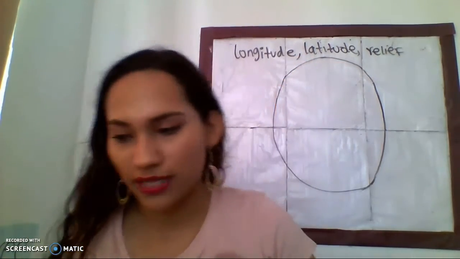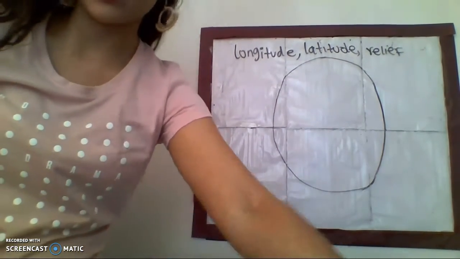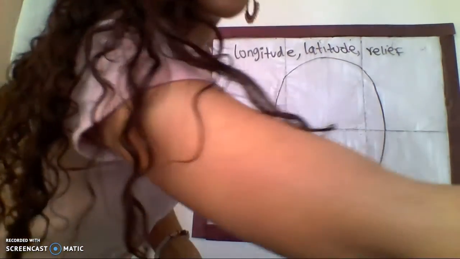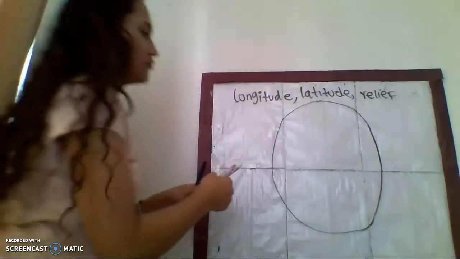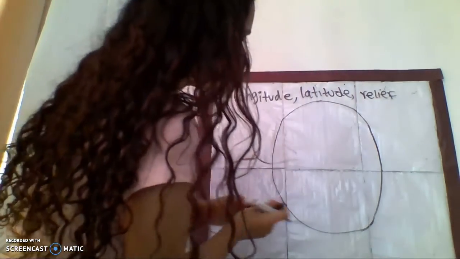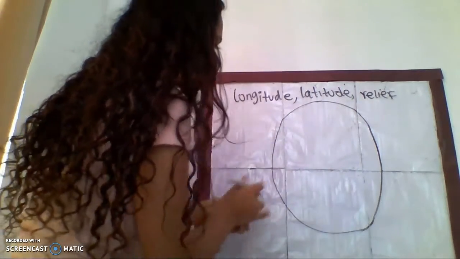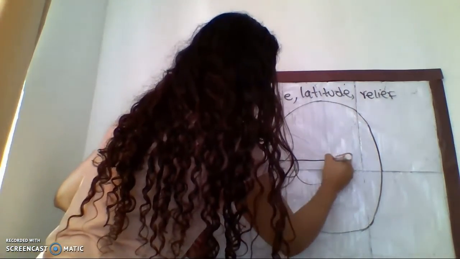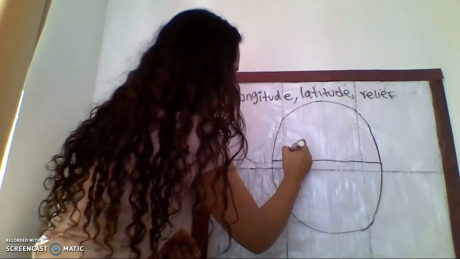The equator line. I'm going to draw it here. The equator line. Like in the middle of the Earth. This one is the equator line.